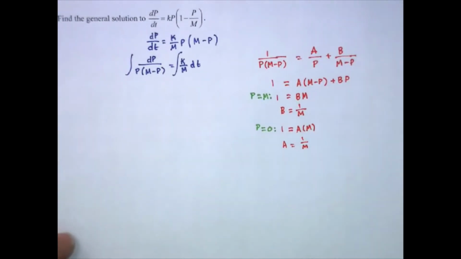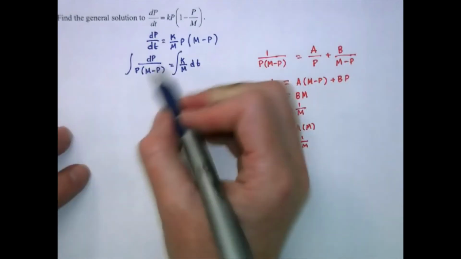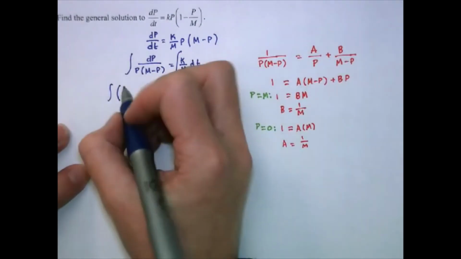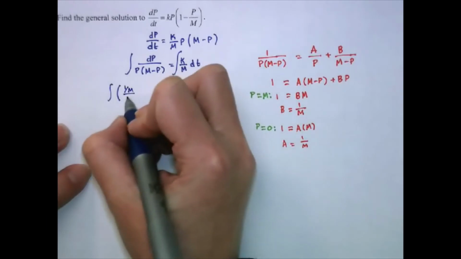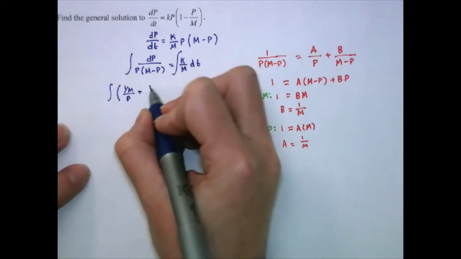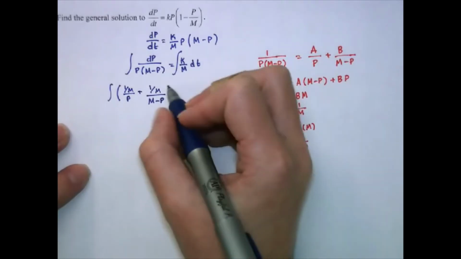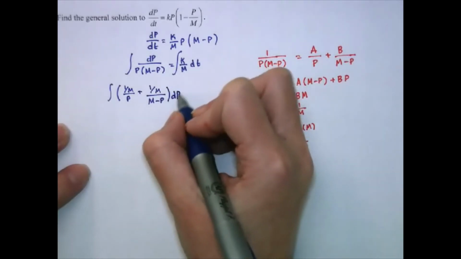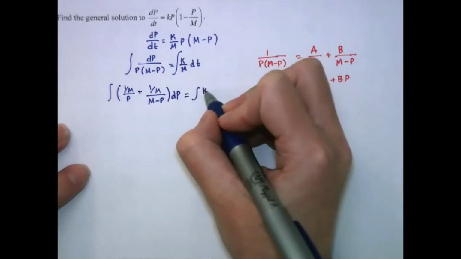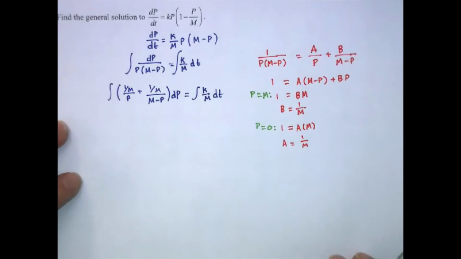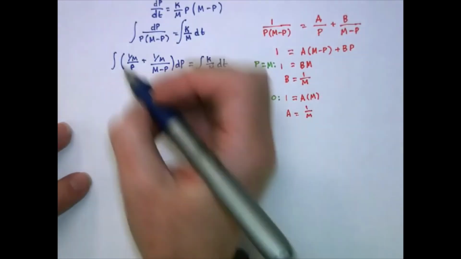So we're going to use that back here. I'm going to separate this out. So this is now going to be the integral of 1 over m over p plus 1 over m minus p. All right, now we're going to integrate.